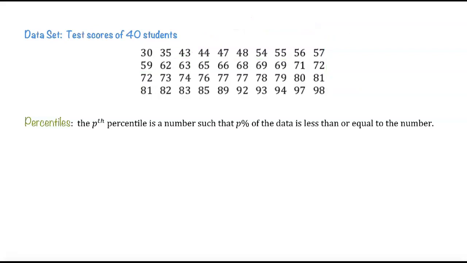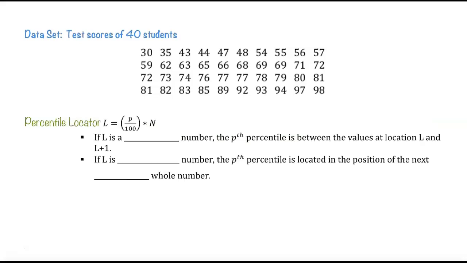Formally, the pth percentile is a number such that p% of the data is less than or equal to that number. Let's suppose we're looking for a specific percentile. Say you need to find the 30th percentile or the 50th percentile.